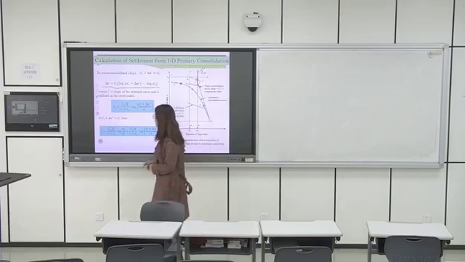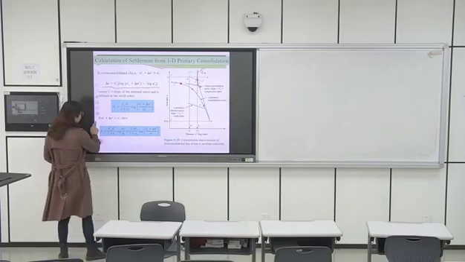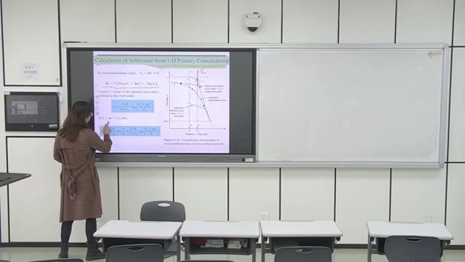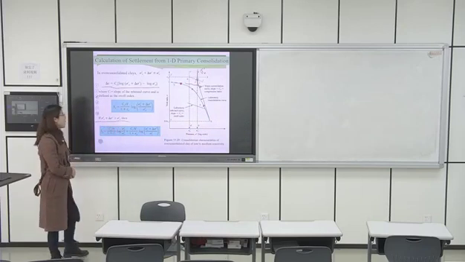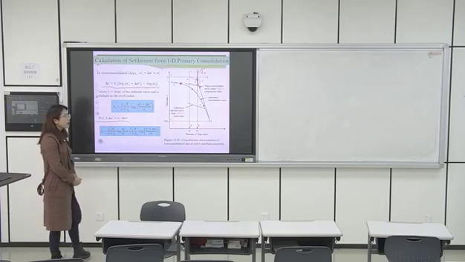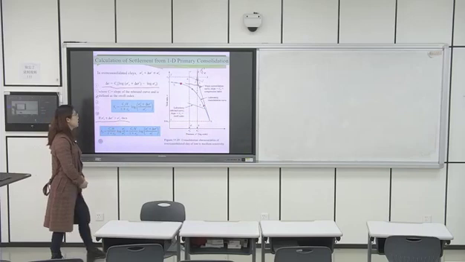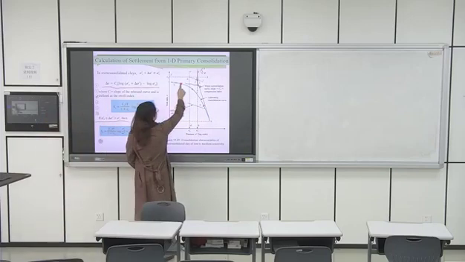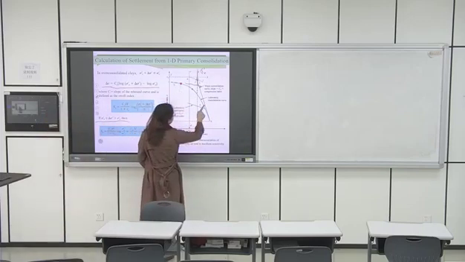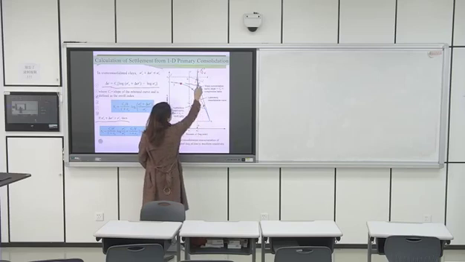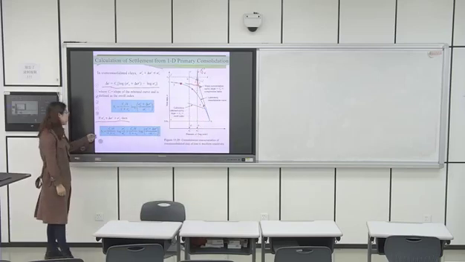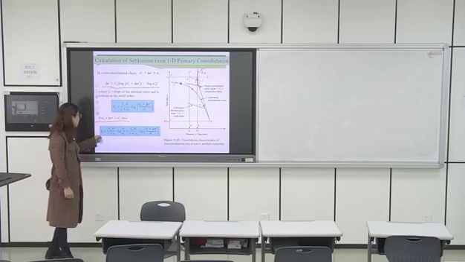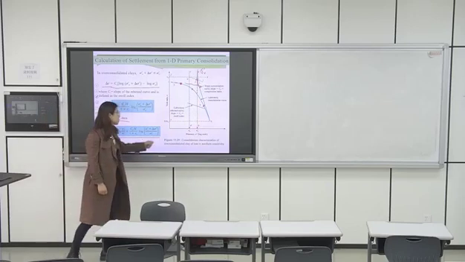So under this situation, sigma naught dash plus delta sigma dash is higher than sigma c dash, that is, initially in here, after additional load, it is in here, higher than the pre-consolidation pressure, right? So under this situation, SC equals this.